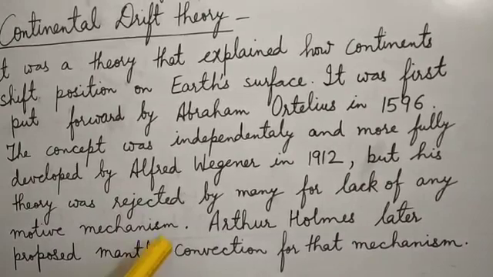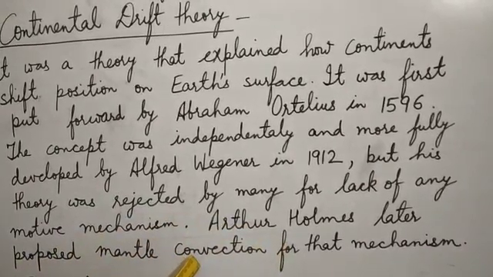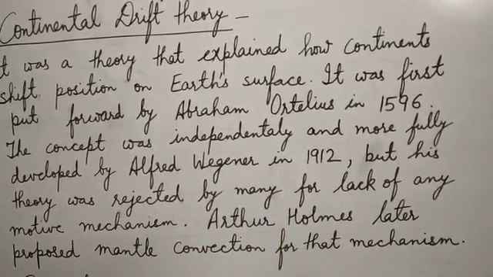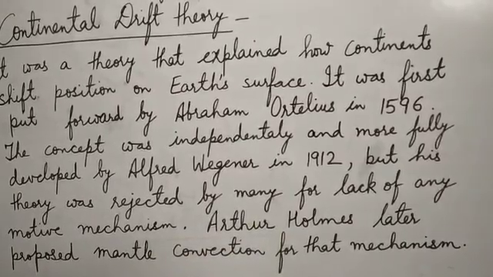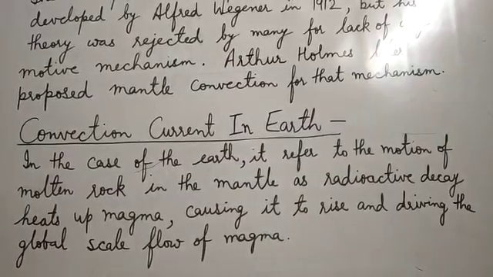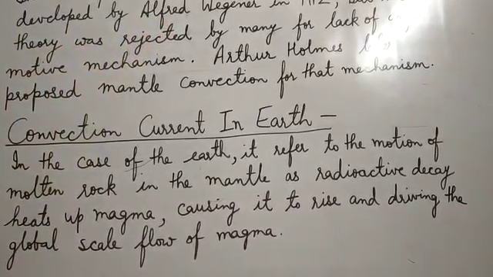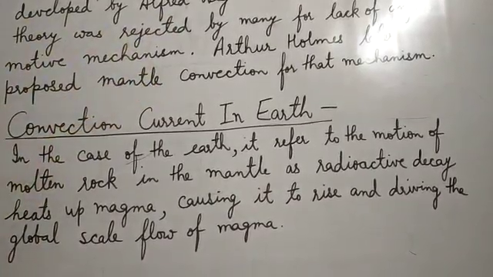Okay, Arthur Holmes later proposed mantle convection for that mechanism. Arthur Holmes proved why these plates, okay, different plates, they move. So Arthur Holmes proposed the mantle convection theory. Okay, so what is convection current in Earth?